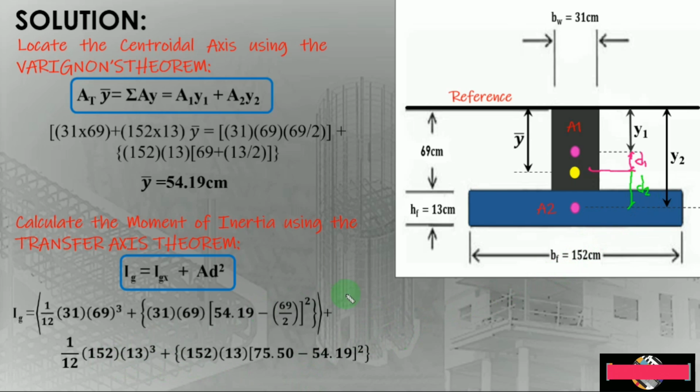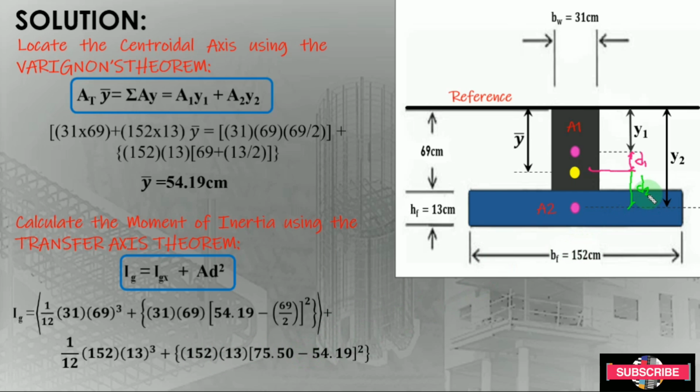Before proceeding to this d, we have to calculate 1 over 12 b h cube. Our b here is this 152 centimeter side, and our h is this 13 centimeter, raised to the cube, plus the area of 152 times 13, and then this d is referring to this d2.